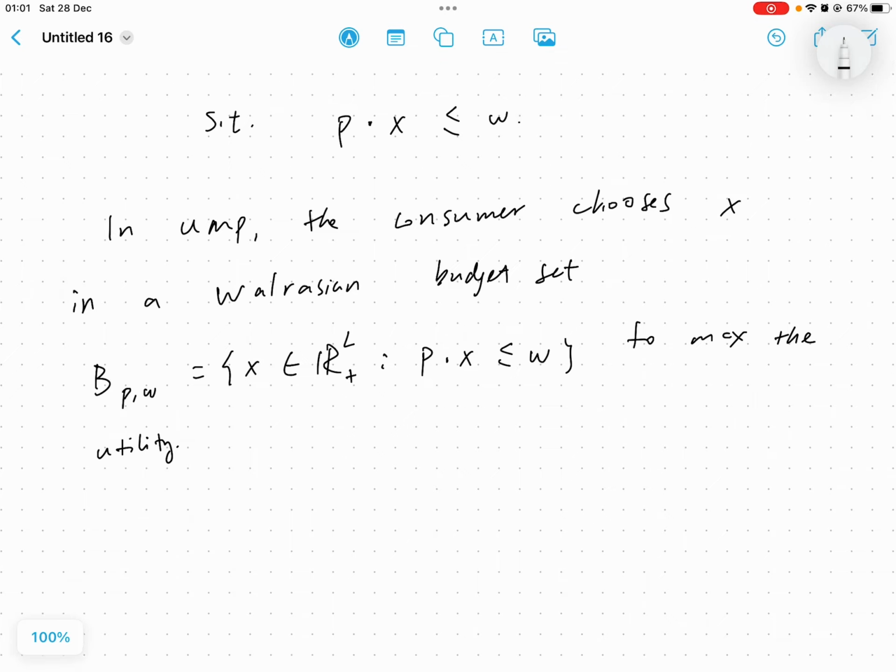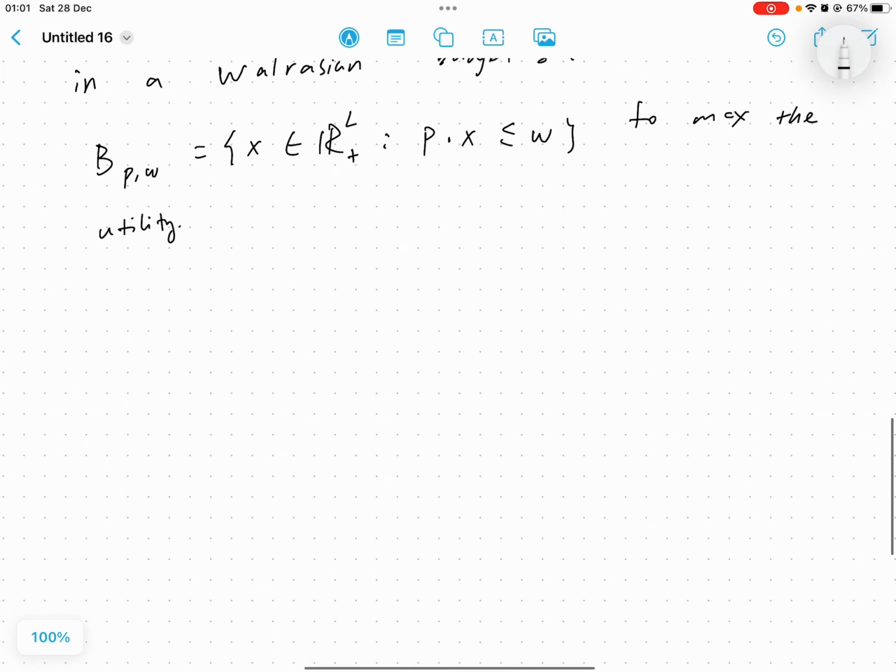Good. So before we could solve this problem by adopting, for example, the Lagrangian method or any optimization methods, we need to first confirm that this problem, the UMP problem, has a solution at least. Good.